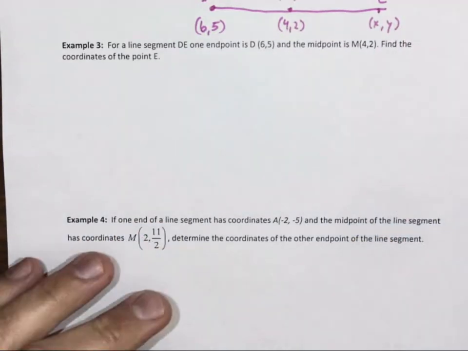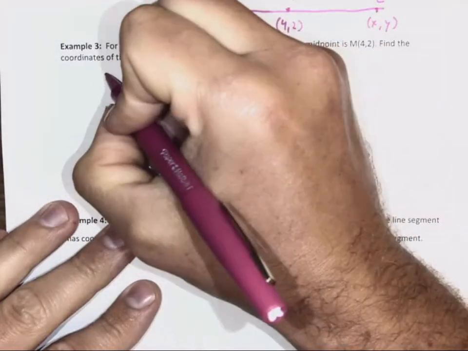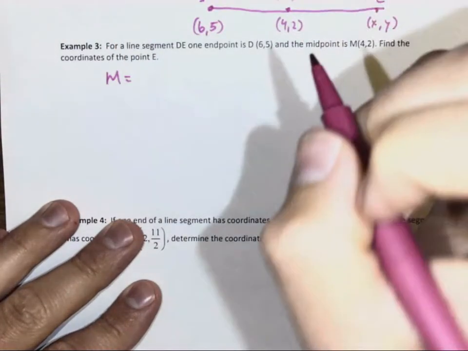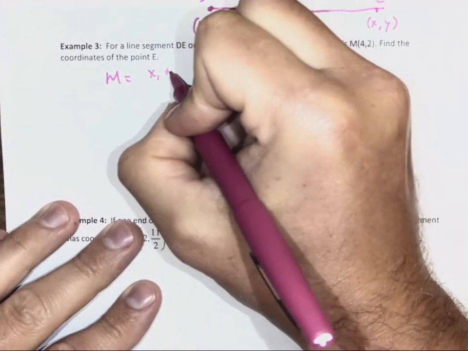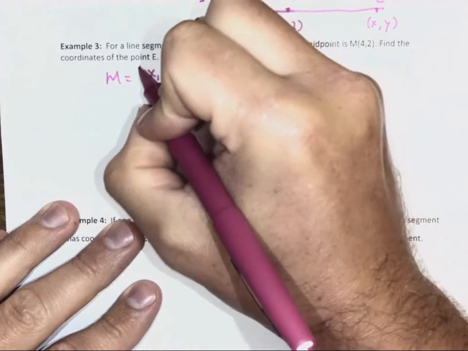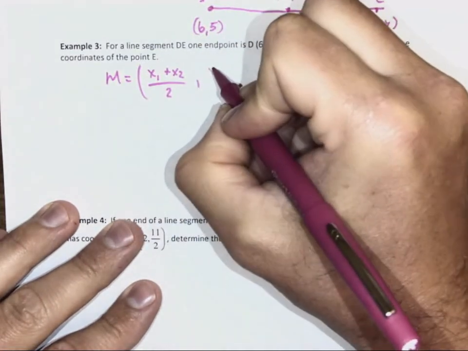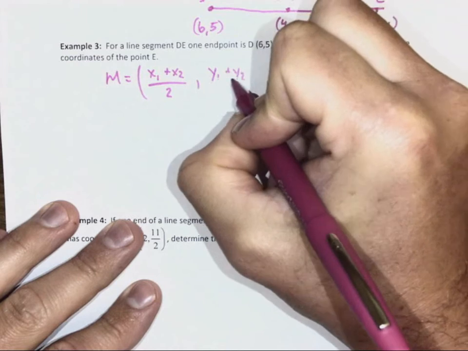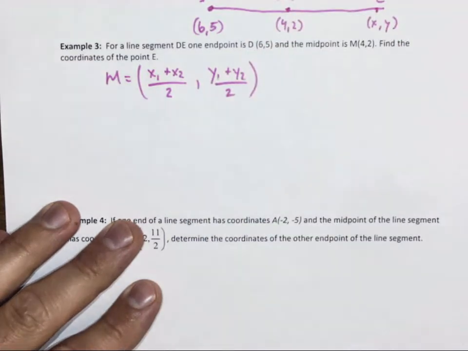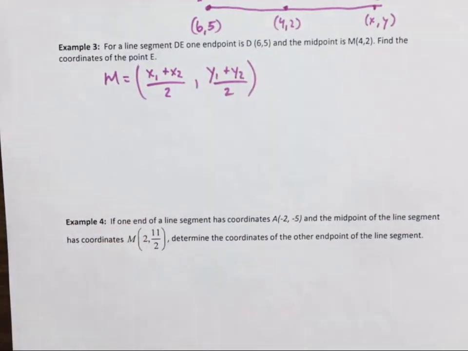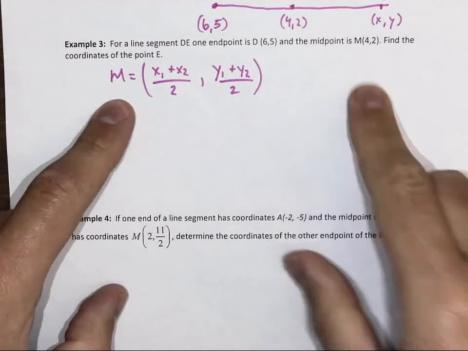Okay, well let's think about how we would problem solve that. The formula, midpoint is equal to x1 plus x2 all divided by 2, comma y1 plus y2 all divided by 2. So let's see what we got. Well, we have an actual midpoint, 4, 2.